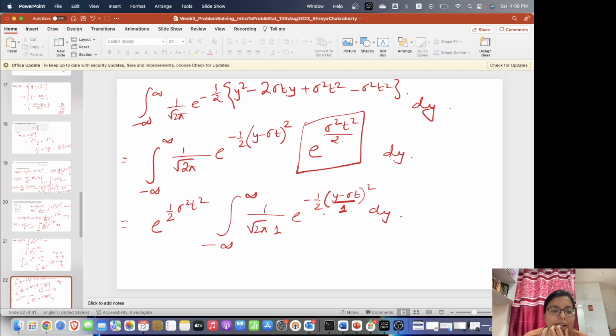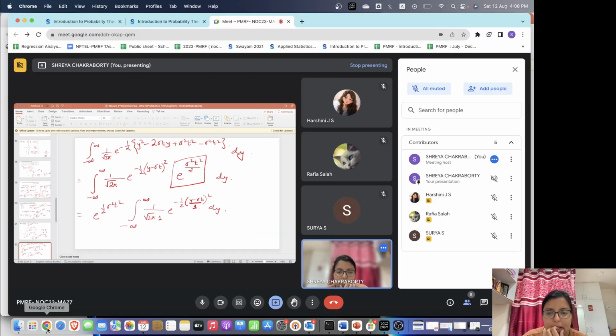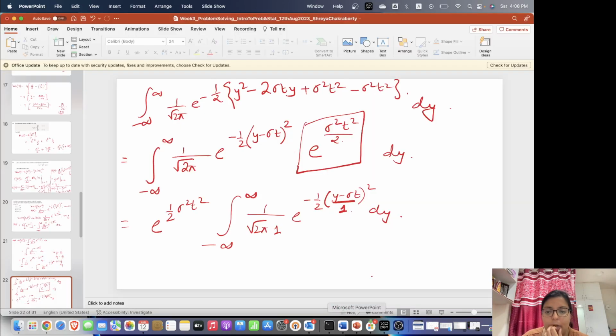Any resemblance you can find? This is the PDF with sigma t, 1. Exactly. So this is the integral of g(z) dz, where z follows a normal sigma t, 1.